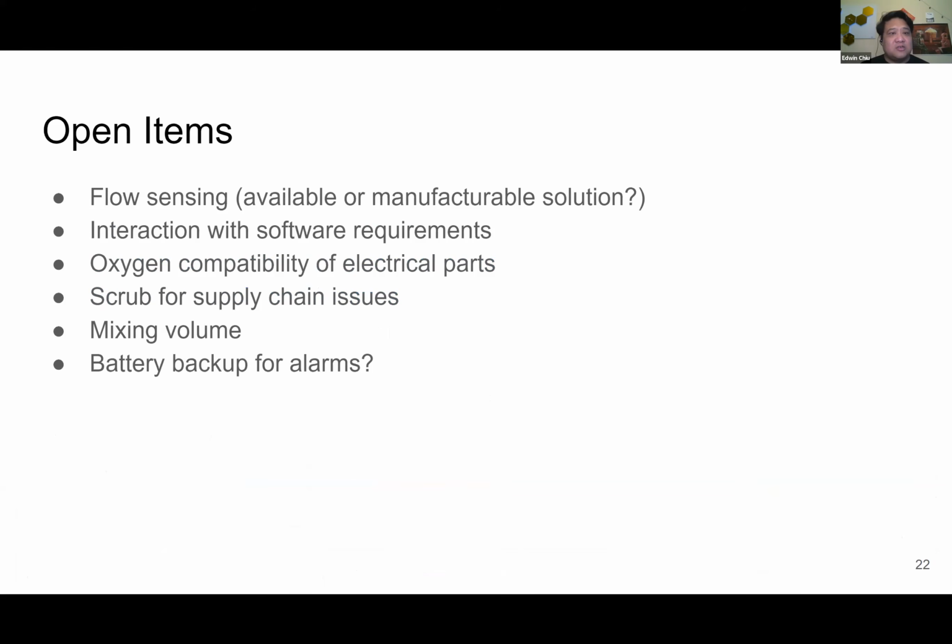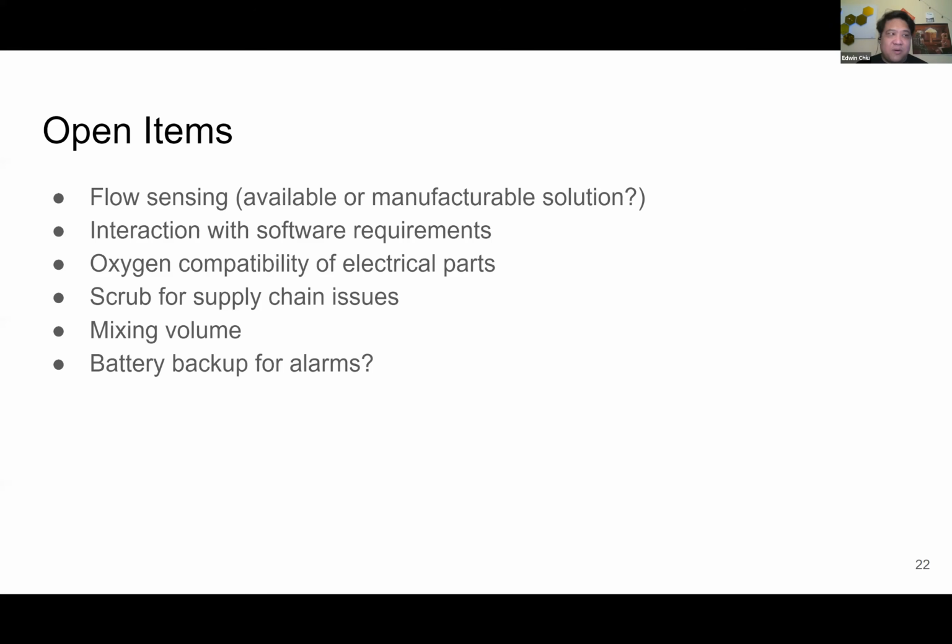Something we still need to consider is the oxygen compatibility of our electrical parts. The nice thing about this system is that there are essentially only 2 moving parts: the blower and the solenoid. But seeing as we'll be using enriched oxygen flow, we need to make sure we've taken that into account. In manufacturability, we need to scrub for supply chain issues.